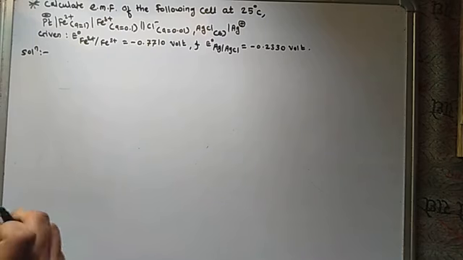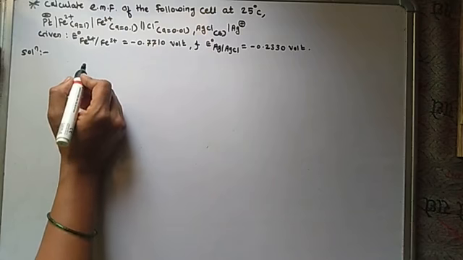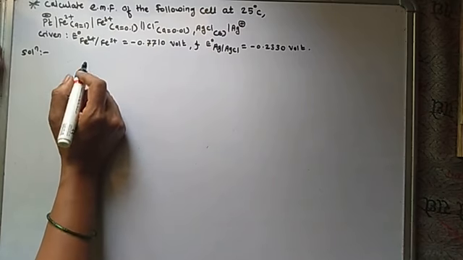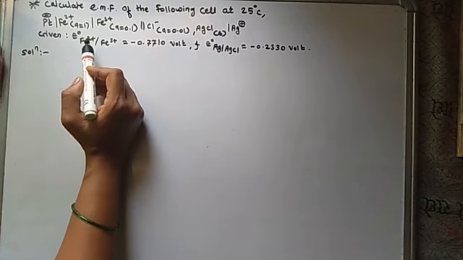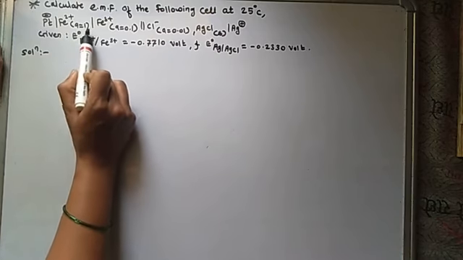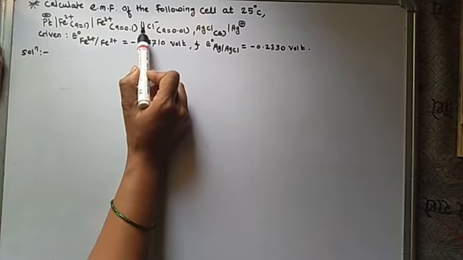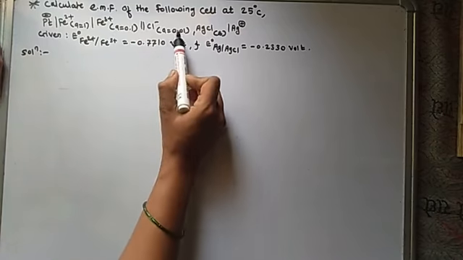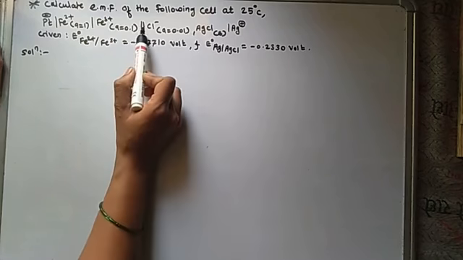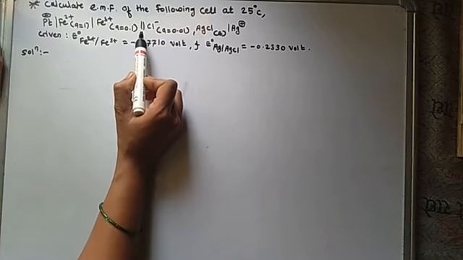First we see in this problem that the two half cell reactions are joined by using a salt bridge. This is the one half cell and this is the another half cell, and they will be joined by using the salt bridge.